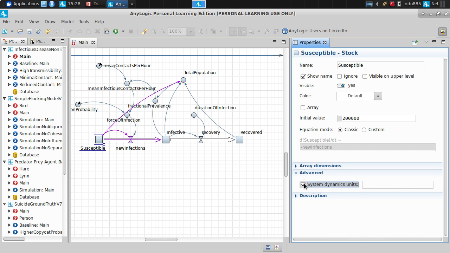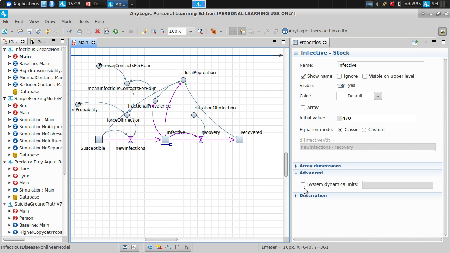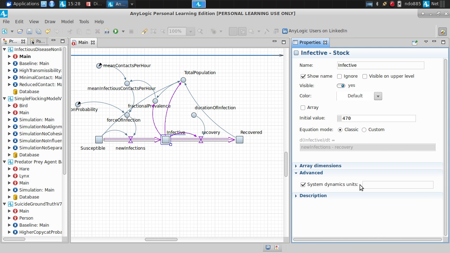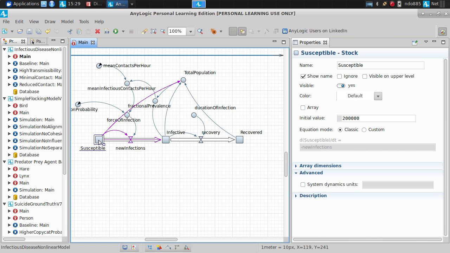Yeah. So ladies and gentlemen, within this context, you can actually enter units to specify the units associated with different components of the model. This is an extremely important part of the interface. So I'm going to suggest thinking about this.